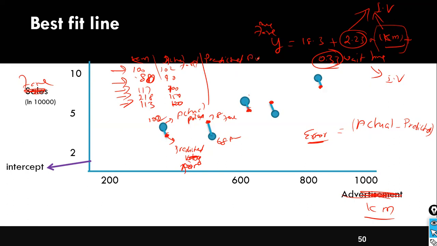How can I obtain the predicted auto fare? With the help of this equation. The right side of the equation gives me the predicted auto fare. I call this y hat; the y hat is nothing but the right side, the predicted value.